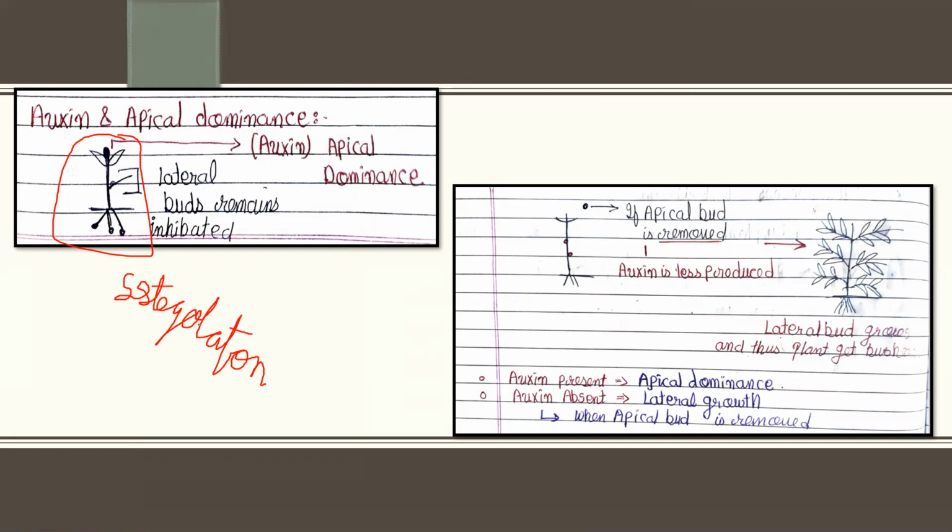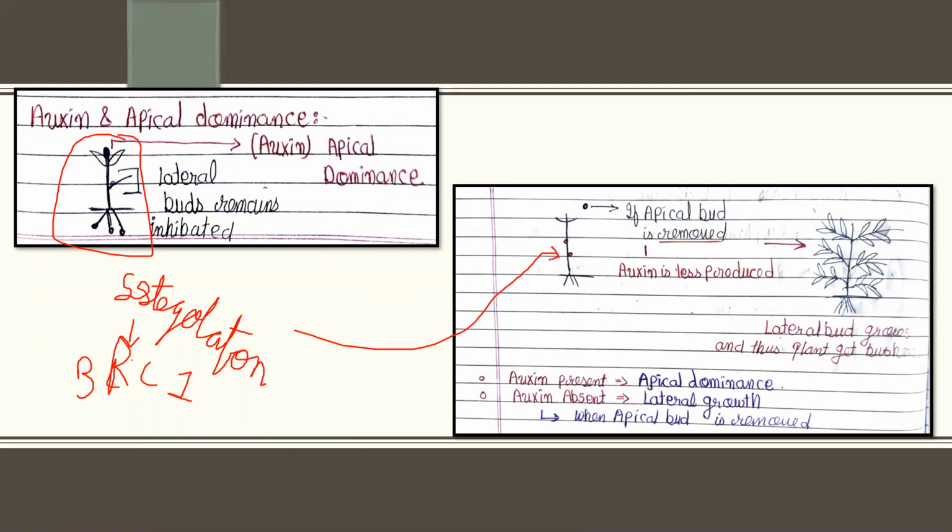Auxin produces this hormone, and this hormone then induces the formation of BRC. Sorry for the inconvenience, I forgot to mention this portion. So it expresses the BRC gene, which is the branched 1 gene, and this inhibits lateral bud formation.